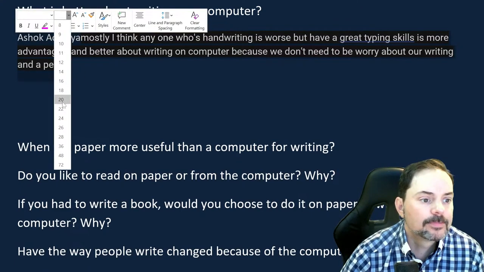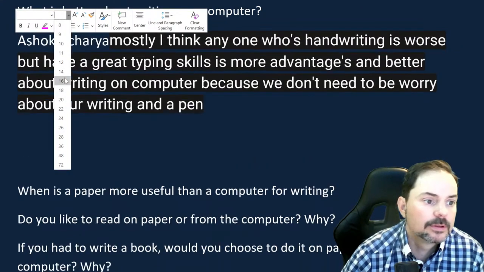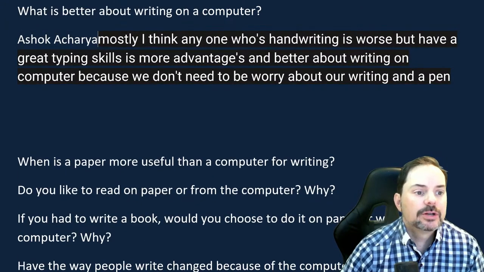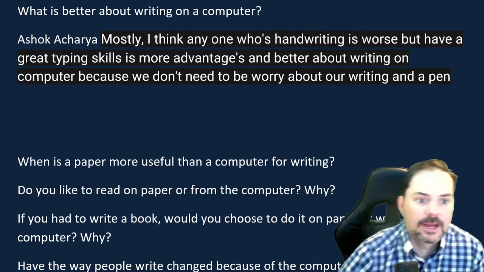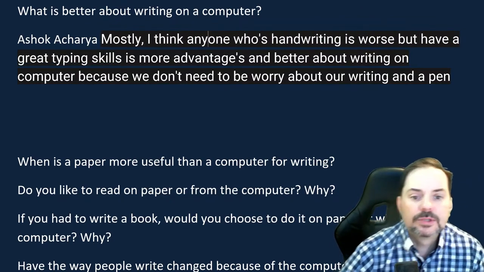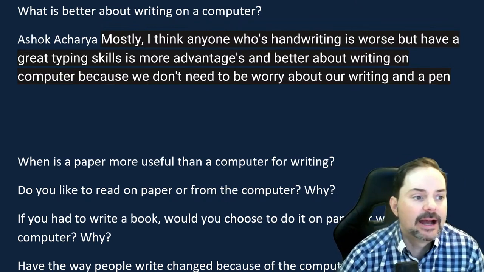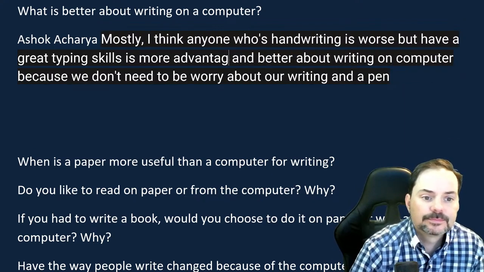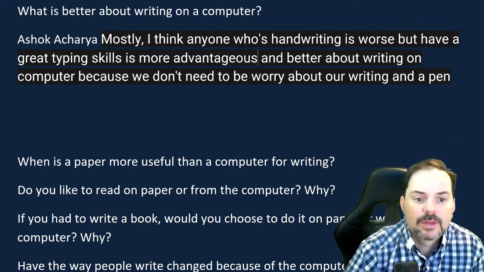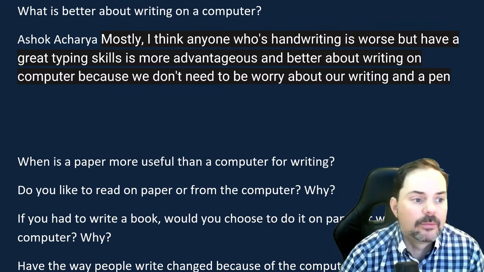Okay. So Ashok says, mostly, I think anyone whose handwriting is worse but have a great typing skill is more advantageous and better about writing on computer because we don't need to be worried about our writing and pen.